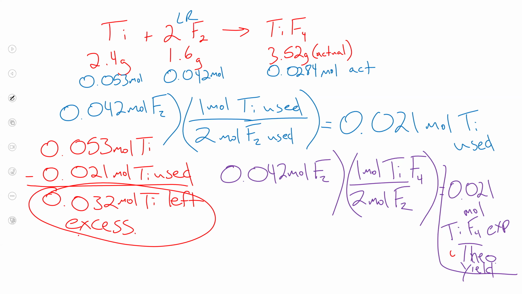It doesn't matter, because we're talking about the same compound, it's going to have the same molecular weight, so we'll get the same percent yield in moles or in grams. That doesn't work if we're talking about two different compounds though, because they're going to have different molecular weights.